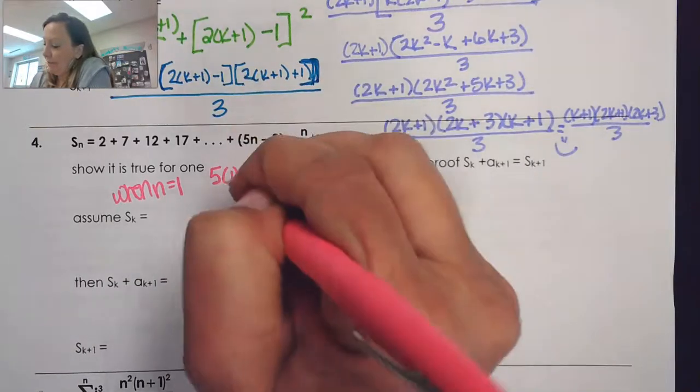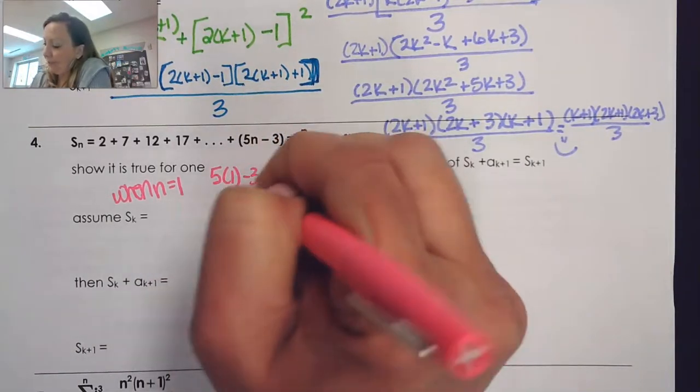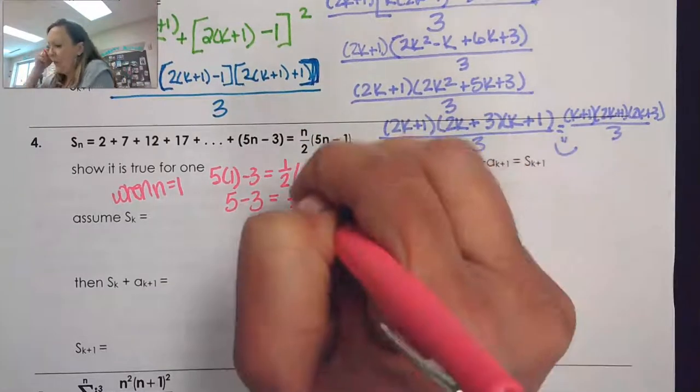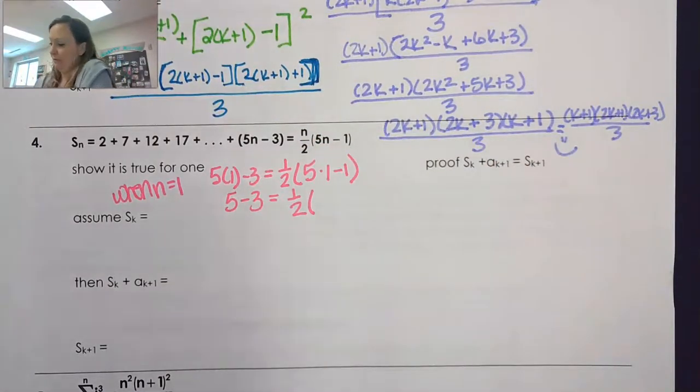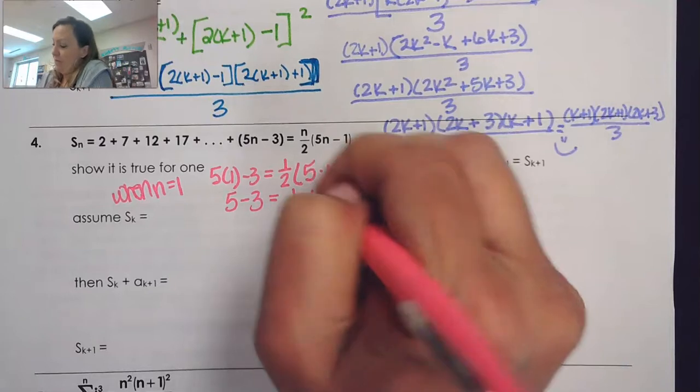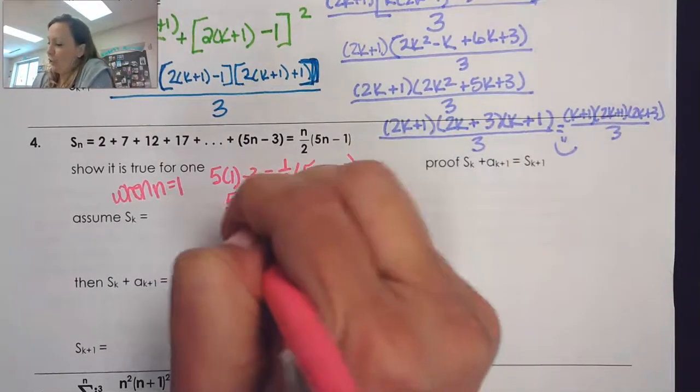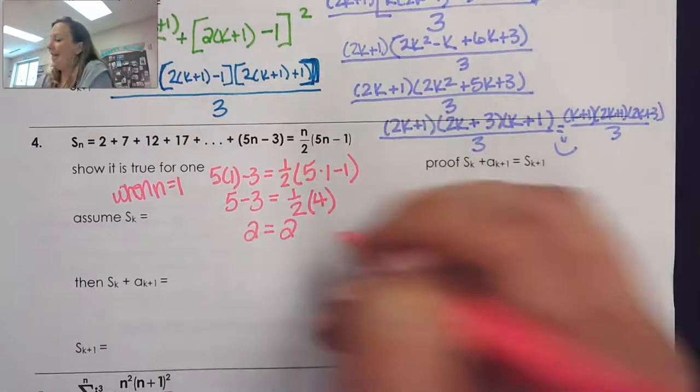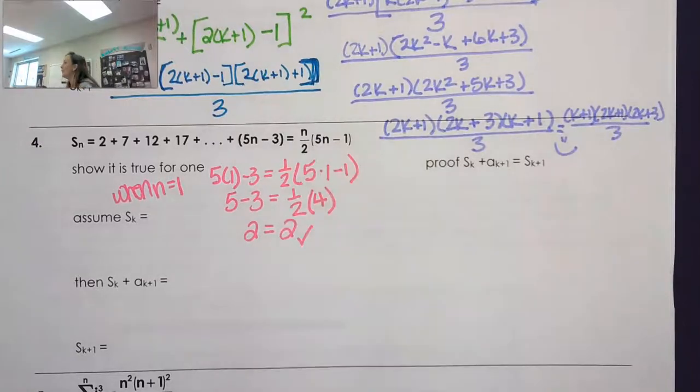So this gives me 5 minus 3. What's 5 times 1 minus 1? 4. So then I get that 2 equals 2. And again, when we're showing that it's true for n equals 1, that doesn't mean we need 1 equals 1. We're just saying when I substitute n equals 1 in, I get an equivalent statement for the rule and the sum. Okay.